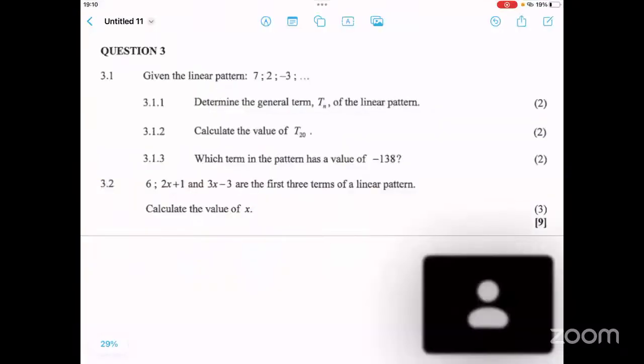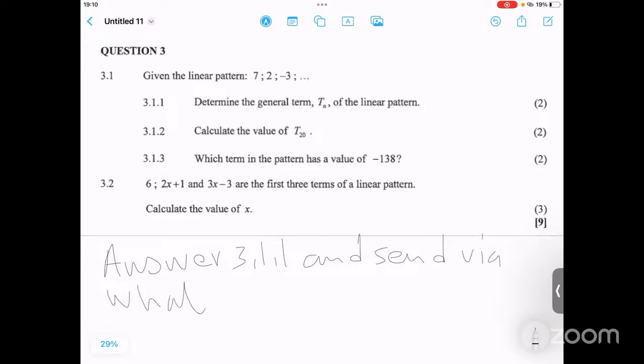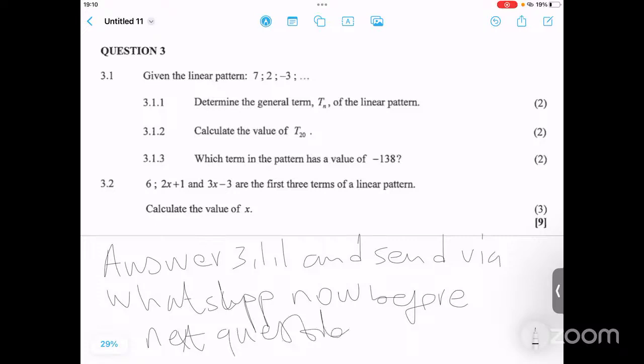The instruction is, maybe let me write it down: answer 3.1.1 and send via WhatsApp now, before the next question.